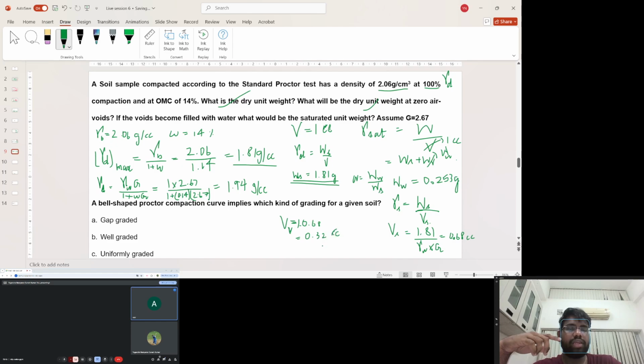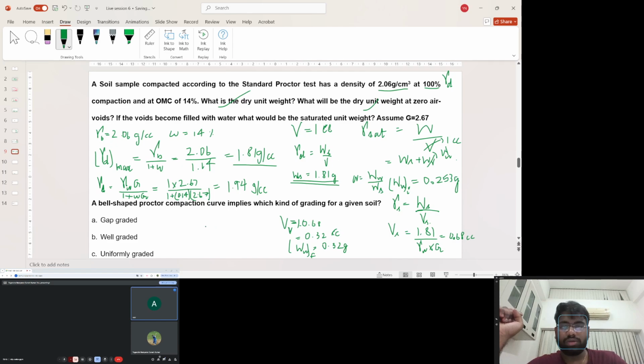If we convert this to weight, this entire thing is getting occupied by water. So this volume, if we convert it to weight, the weight of water final will be 0.32 grams, and this is initial.